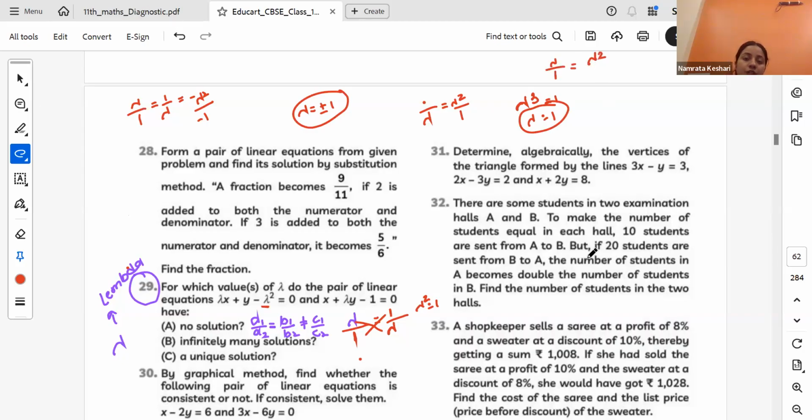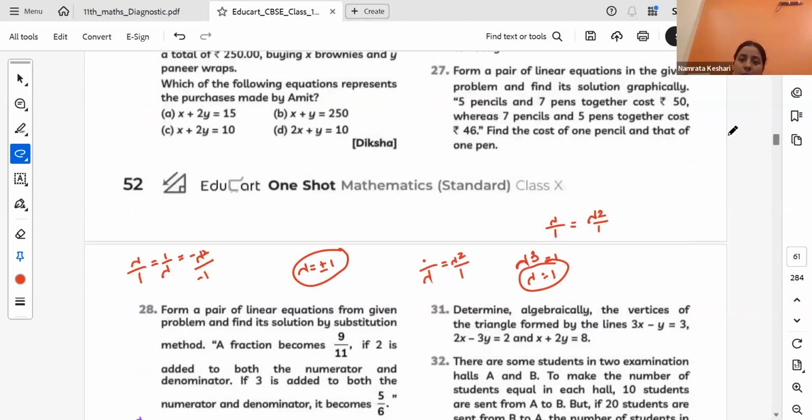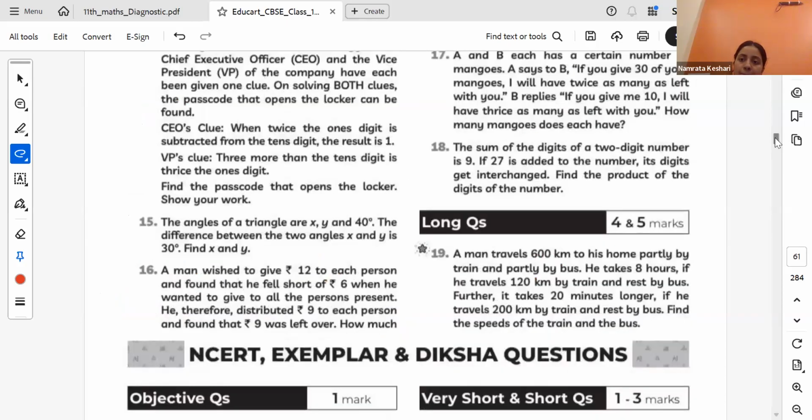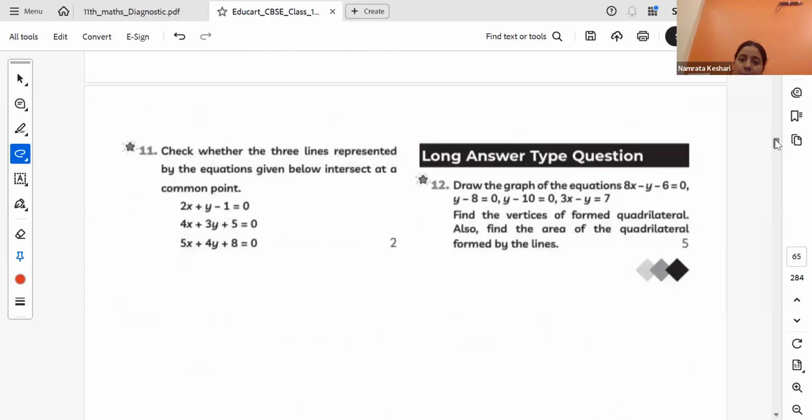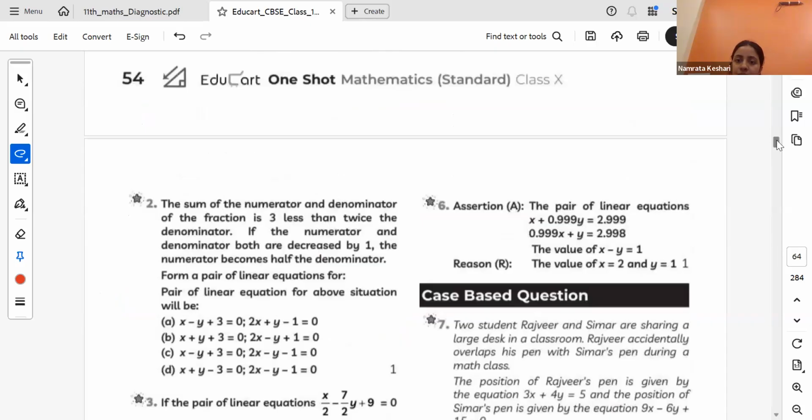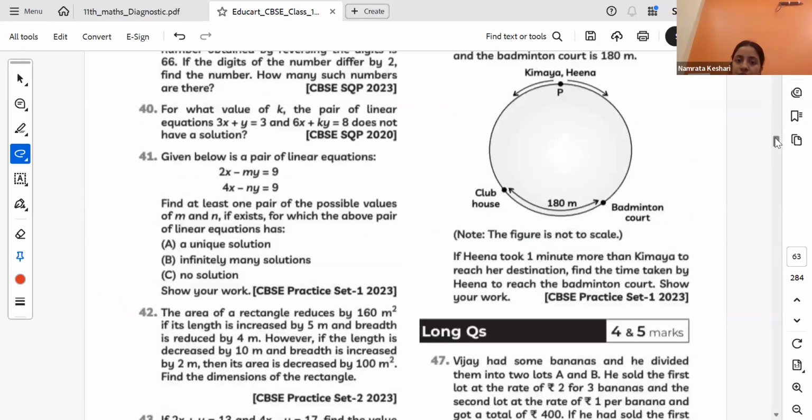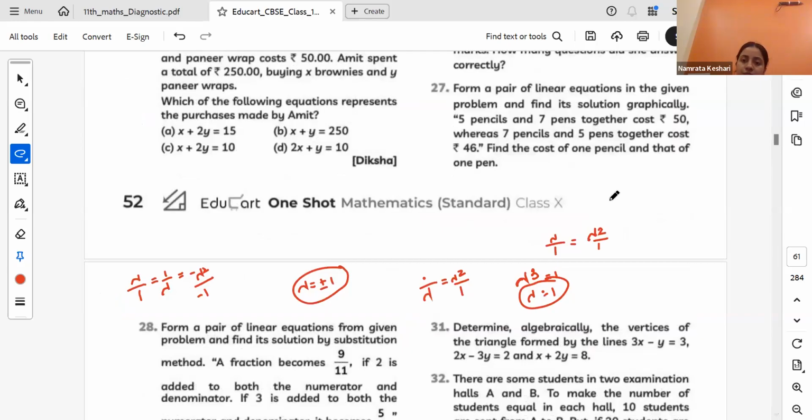And again, if you do crisscross, you will get lambda is equal to lambda square. Whenever you have this type of situation, you have to take all the lambdas to one side of the equal sign. That means lambda square minus lambda is equal to 0.